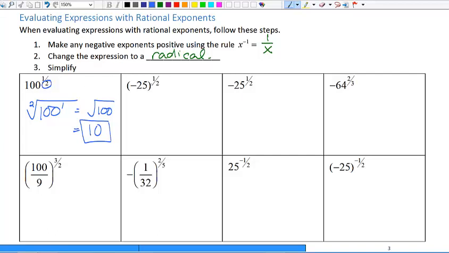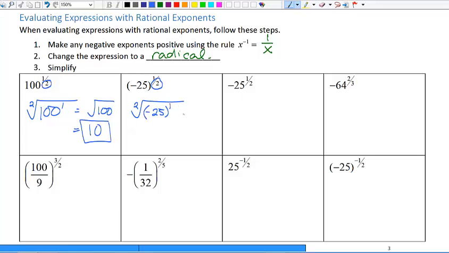So on this next one, again, I don't have any negative exponents, so I don't have to worry about step 1. Step 2 says change it to a radical. So I'm going to take that little 2, and that becomes the index. The denominator of the rational exponent becomes the index. The negative 25 stays on the inside as the radicand raised to the 1.